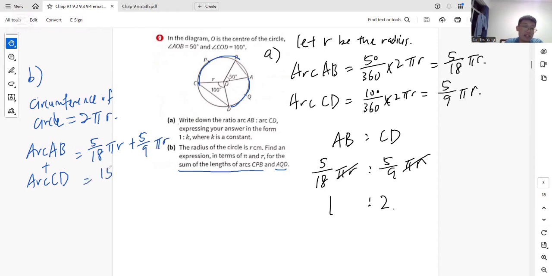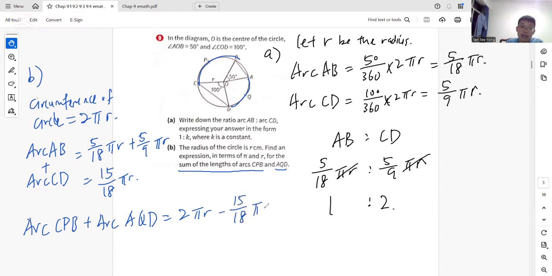So this will give me 15 over 18 pi r. Then after that, I want to find this, so I can say that arc CPB plus arc AQD is equal to 2 pi r minus 15 over 18 pi r.